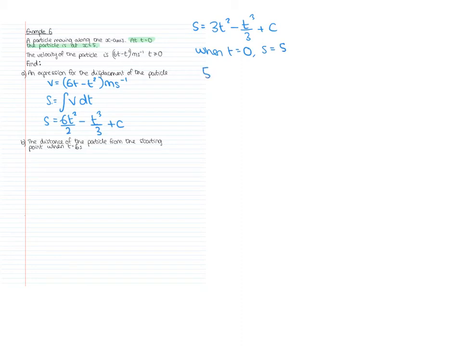So then let's substitute that in. So 5 equals 3 times 0 minus 0 cubed over 3 plus c. So we find out that c is 5. Therefore, our full expression for displacement, 3t squared minus t cubed over 3 plus 5.